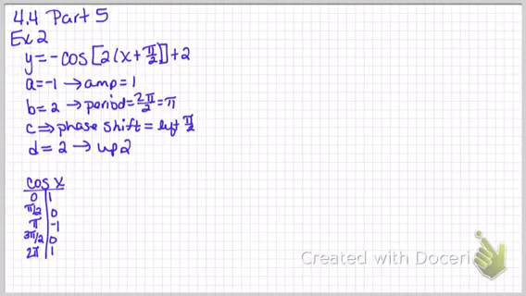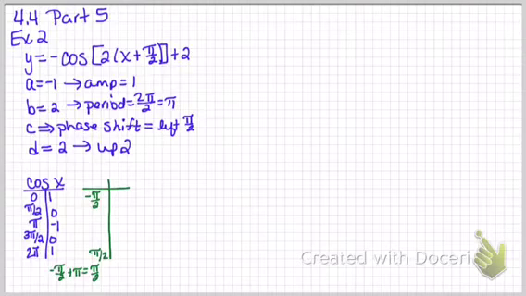So for this function, when I go to do my x's, because we do have a b and a c, I'm going to use our other method here. So I know that it's going to start at the c value, which is negative pi over 2. And it's going to end down here at c plus the period. So it's going to end at negative pi over 2 plus pi, which gives us positive pi over 2.